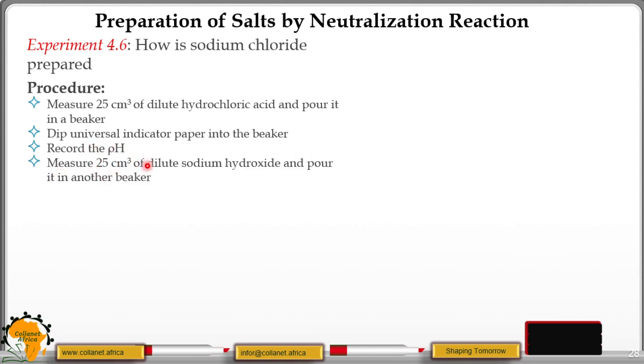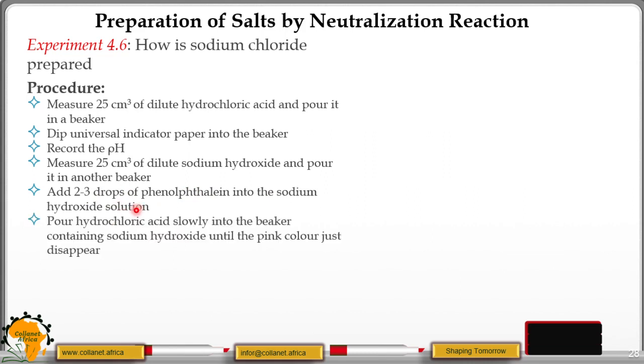Measure 25 centimeters cubed of dilute sodium hydroxide solution and pour it in another beaker. Add 2 to 3 drops of phenolphthalein indicator into the sodium hydroxide solution. Pour hydrochloric acid slowly into the beaker containing sodium hydroxide until the pink color just disappears.